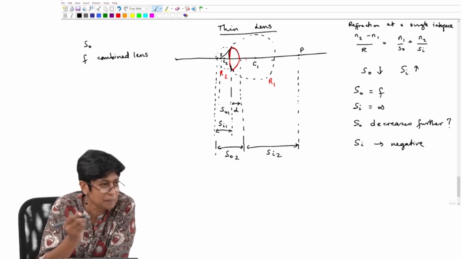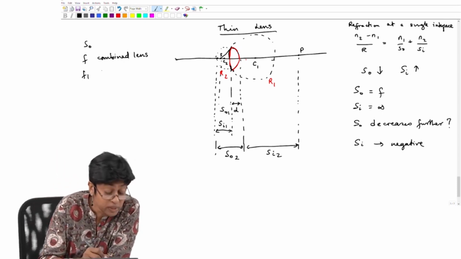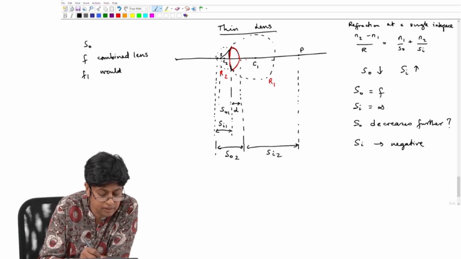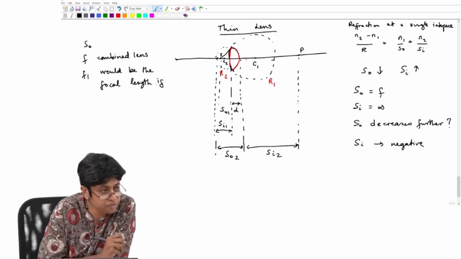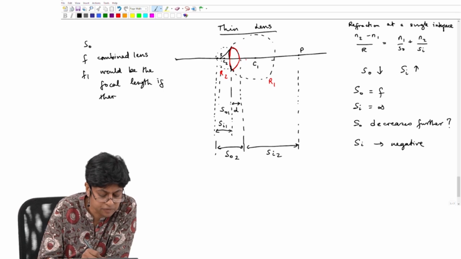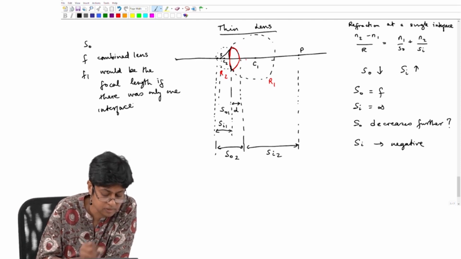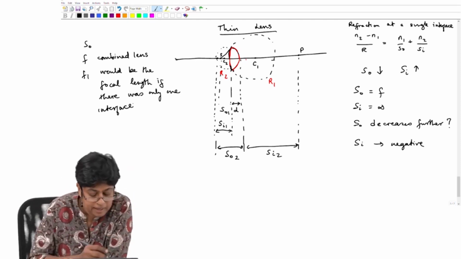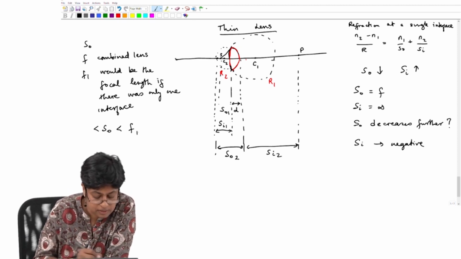I'm saying combined lens, I mean both the interfaces, but I have F1, which would be the focal length if there was only one interface. And why we do this is, this condition is almost always going to be satisfied.